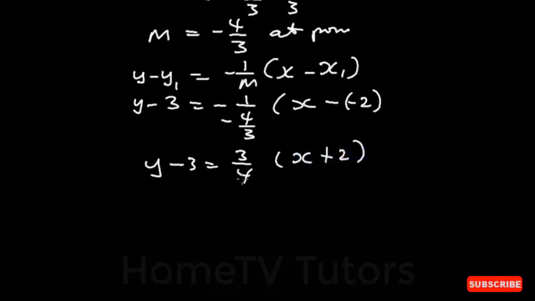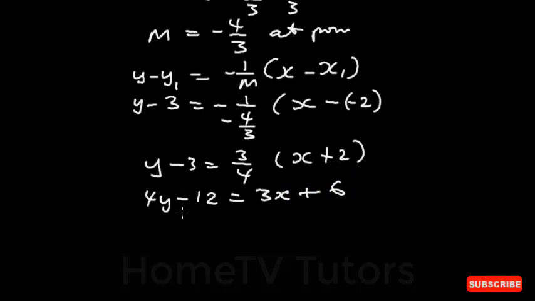Okay, so this will come to 4y minus 12 equals 3x plus 6.